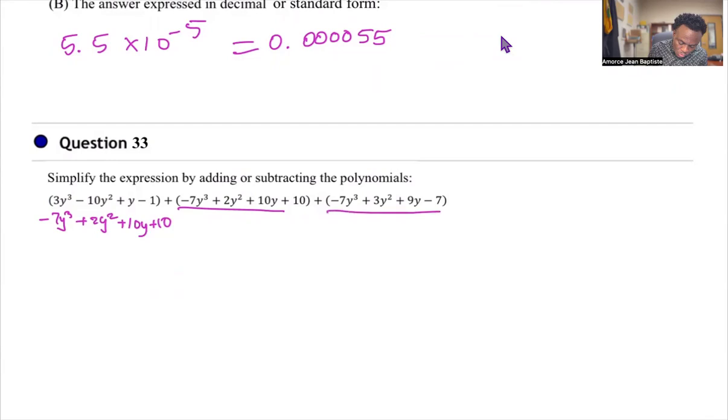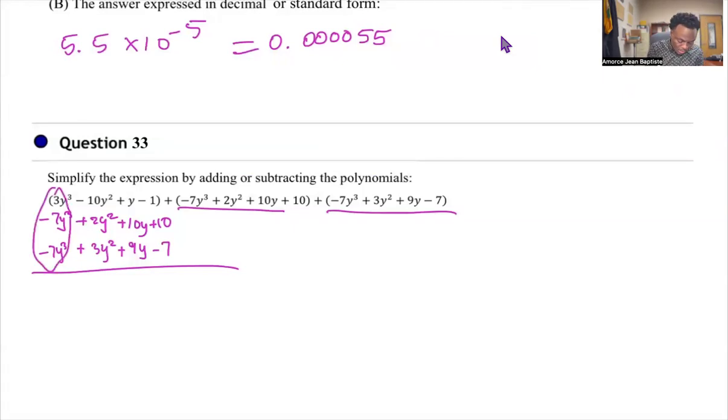And I will bring this one too. So that's -7y cubed plus 3y squared plus 9y minus 7. So I would combine the like terms.